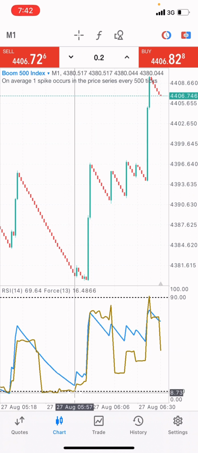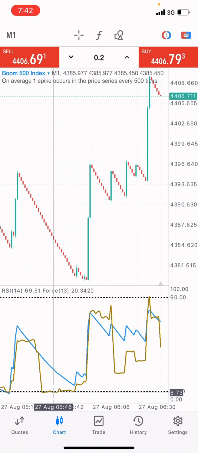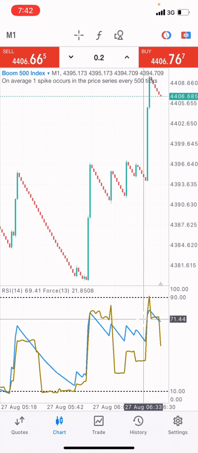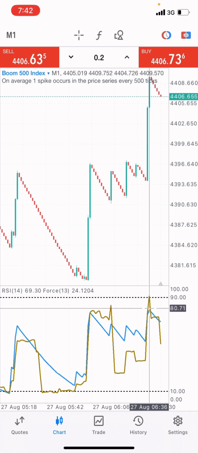On the Crash 500 index, it has to cross the level 10. You see at this point it crosses level 10, but while using the Boom 500 index, you see there was a cross of the level 90, so that is your entry point.